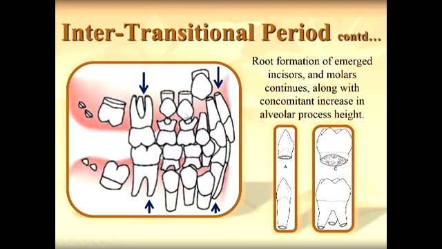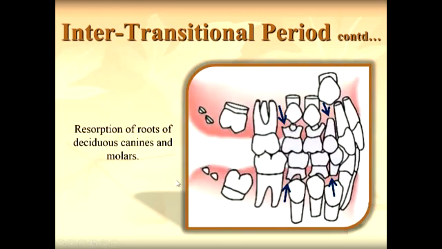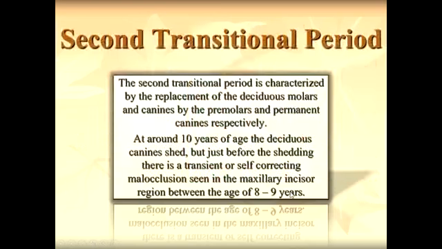The alveolar process height increases in length in different or opposite directions. Resorption of the root, as shown by the blue arrows here in the picture, of the deciduous canine and the molar.